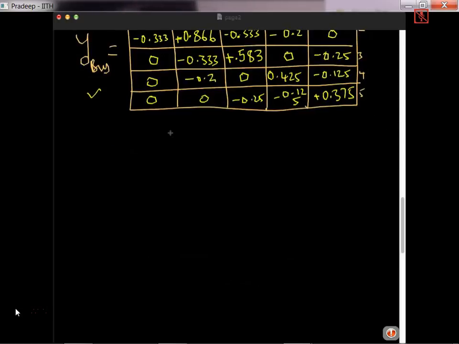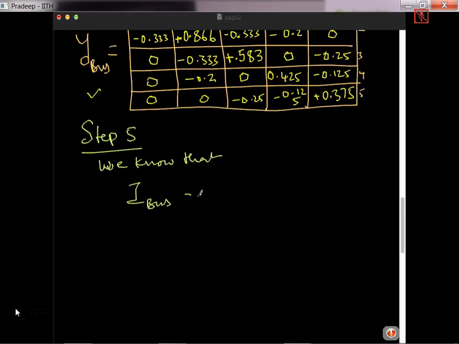So once my Y bus is completed, what is step 5? Okay. So we know that I bus equal to Y bus into V bus. So this is known and this is known.